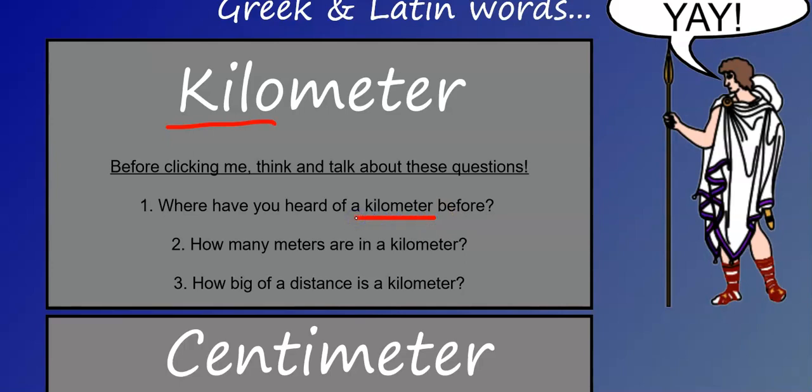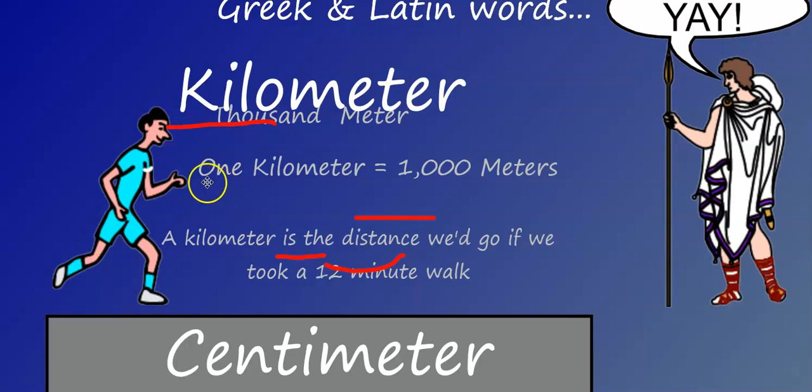How many meters are in a kilometer? Think about what kilo means. How big of a distance is a kilometer? So 1 kilometer is 1,000 meters because we said, and let me erase this mess right here for you.